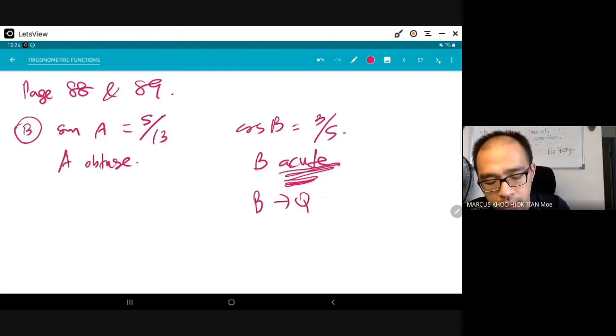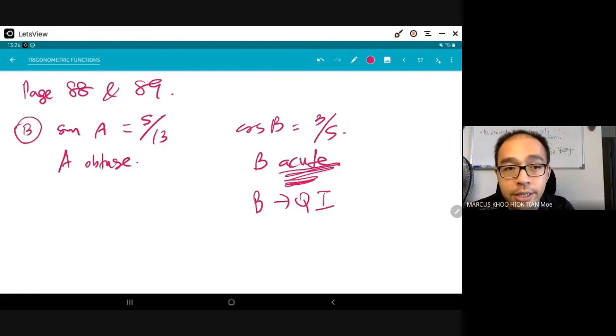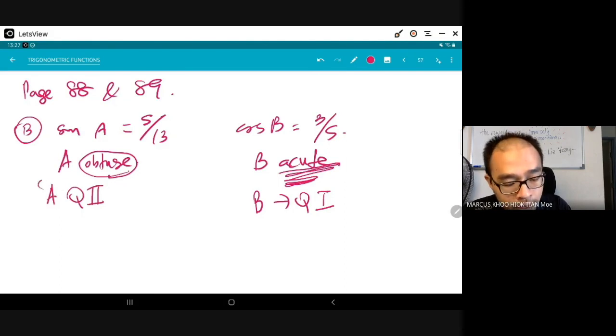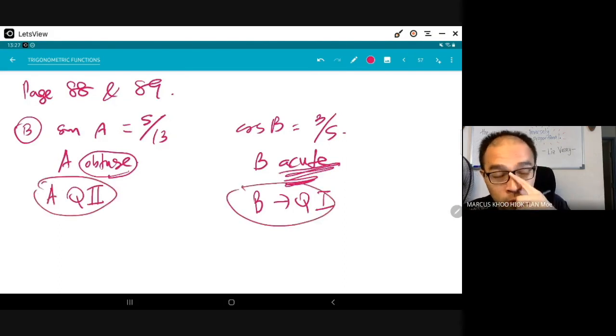Quadrant 1. No need to think already. Now A is obtuse is a little bit harder. Obtuse means more than 90. Obtuse means only one thing, it is in quadrant 2. So A is in quadrant 2. Write this down in your workbook so that you know how to find the value of cos A and tangent A and sin B and tangent B, in order for you to be able to answer this question.